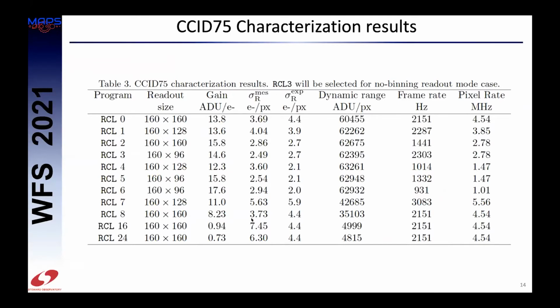These are old, but we improved on that by correcting the electrical connections, which improved the bias signal. So the readout noise is around 3 electrons for the different modes.